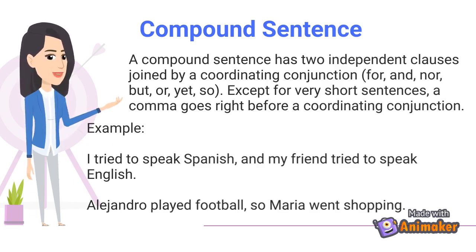The next example: Alejandro played football, so Maria went shopping. We have the first independent clause, Alejandro played football, and then it is connected with a coordinating conjunction, "so". The next independent clause is Maria went shopping.